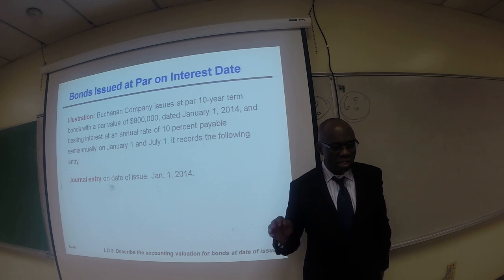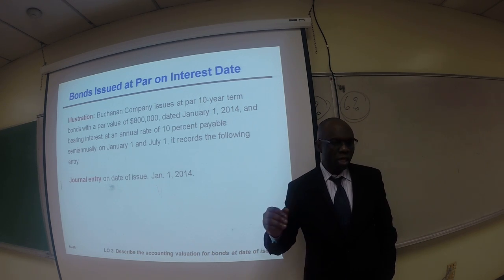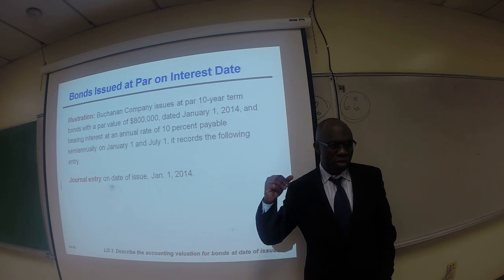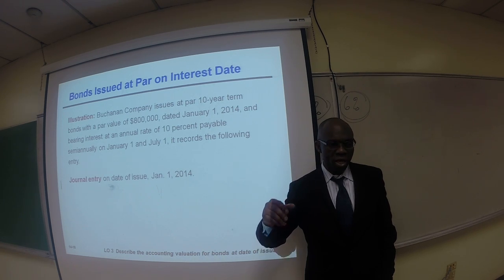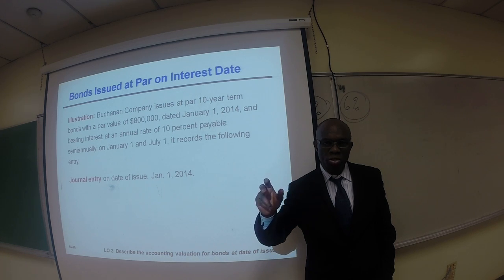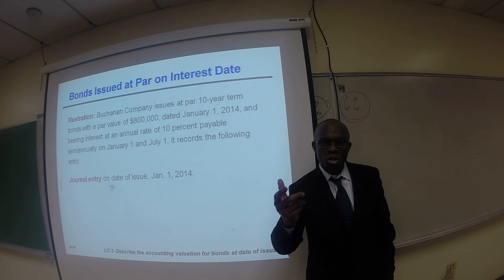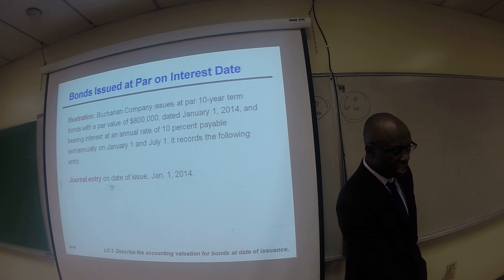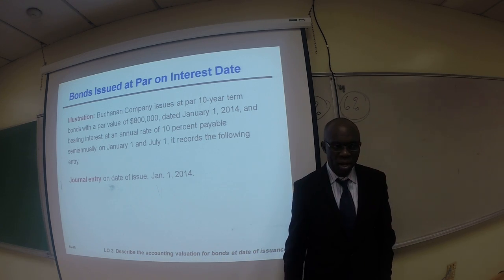Moving along, let's take a look at the illustration of the important concept that we just discussed in part 3, talking about the relationship between two important interest rates in connection with the value or the price of the bond. So here's an example. This bond is issued at par on interest day.